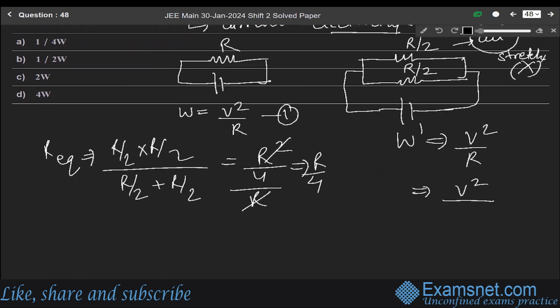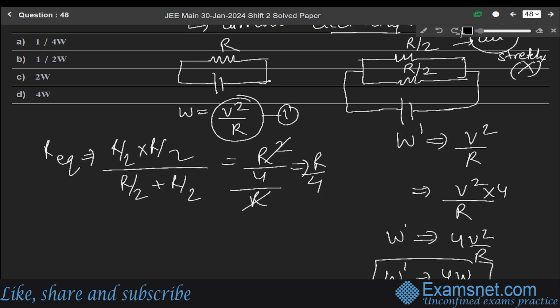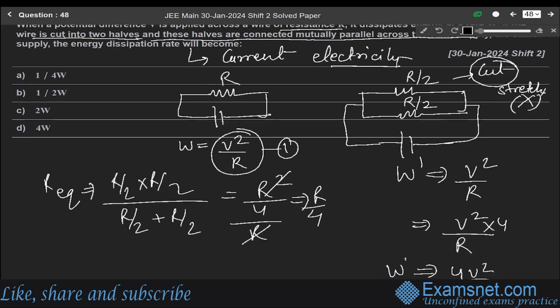So W dash, the energy, will be equal to 4 V square over R. Initially, W is V square over R, so the new W dash will be 4 into W. So the energy dissipation rate will be 4 into W, which means option D.